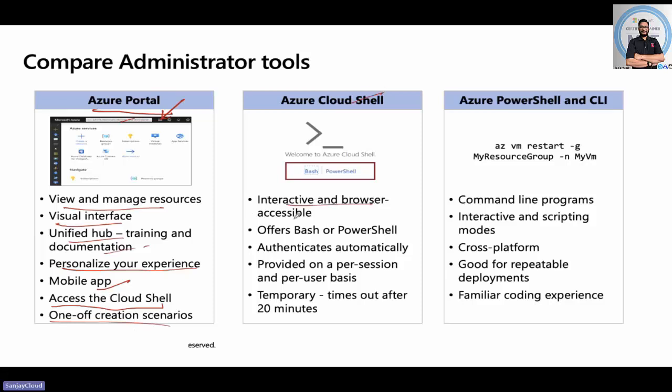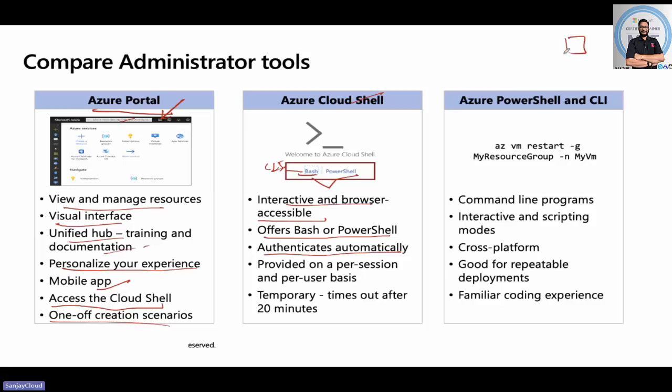One of the creation scenarios when it comes to Cloud Shell. So it's an interactive and browser accessible shell where you will get Bash or PowerShell. At a time, you can only use one tool, either Bash or PowerShell. Bash is CLI, PowerShell is simply PowerShell, where you can execute PowerShell commands and scripts. Offers Bash or PowerShell, authenticates automatically. What does it mean?